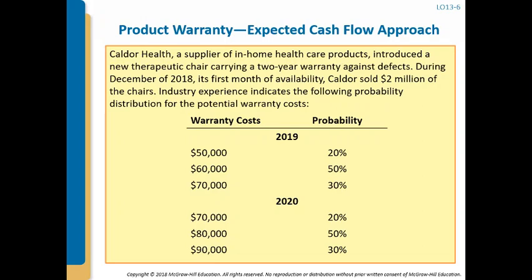So you simply multiply, for instance, the 50,000 times 20% to come up with 10,000, the 60,000 times 50% to come up with 30,000, and 70,000 times 30% to come up with 21,000.